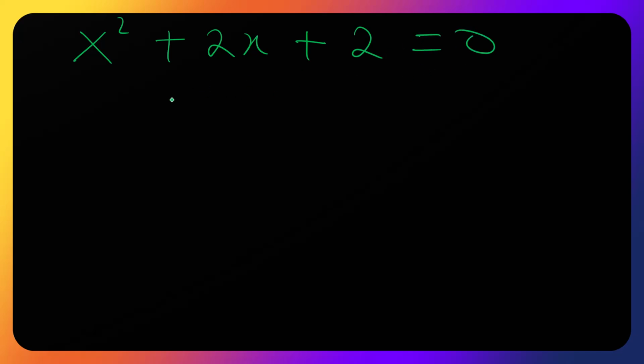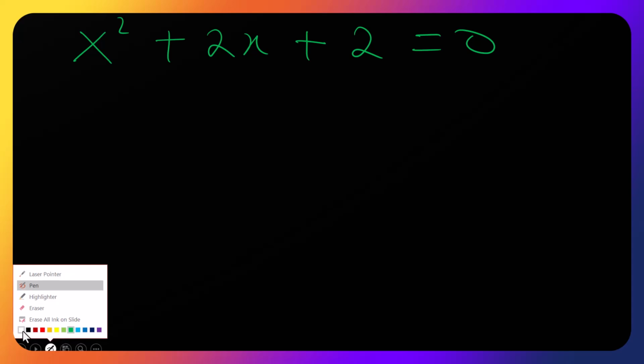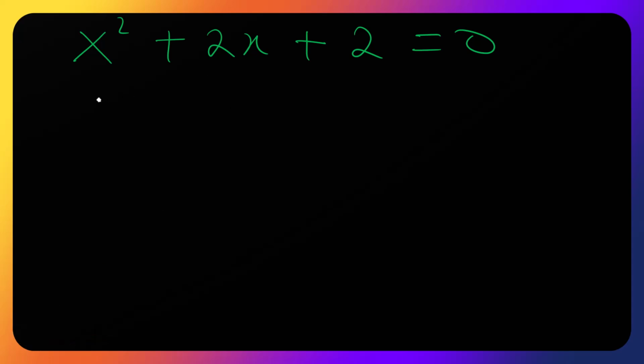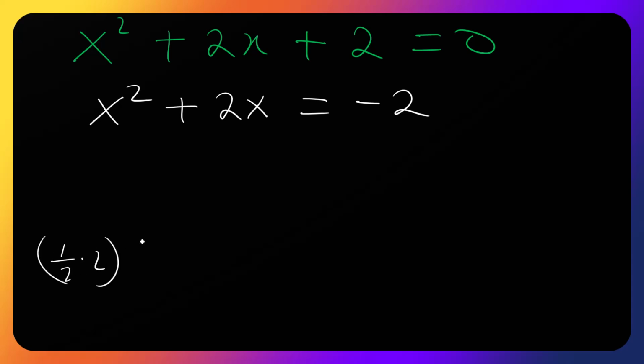Now let's go by the method of completing the square. So from here, we can say x squared plus 2x equals minus 2. So let's take half of the coefficient of x, all squared. Half of 2 will be 1, so that will be 1 squared.